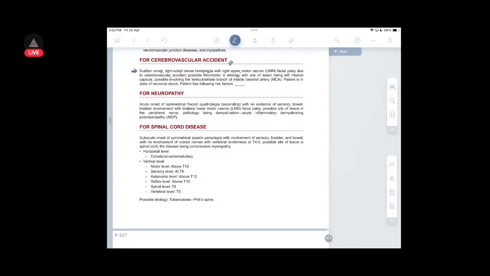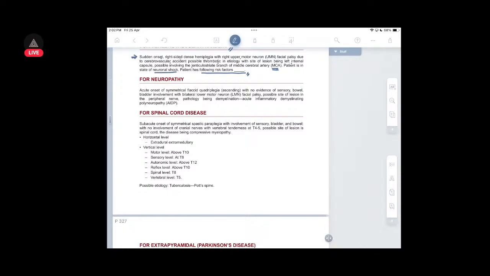Possible embolic or thrombotic or hemorrhagic etiology. Site of lesion being left internal capsule, or possible sites you have to write, involving lenticulostriate branch of middle cerebral artery. Possible involvement, and the patient is in a state of neuronal shock following risk factors. If they're in a state of neuronal shock you have to write, and risk factors you have to write.